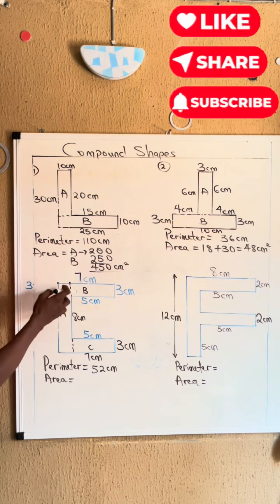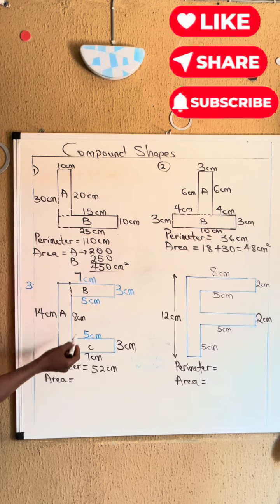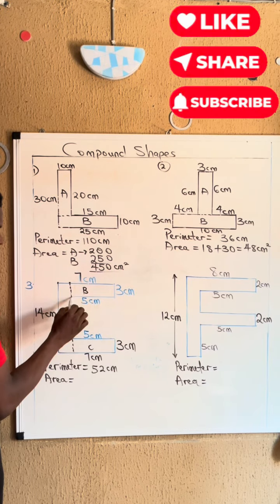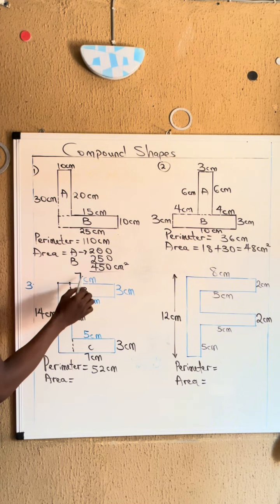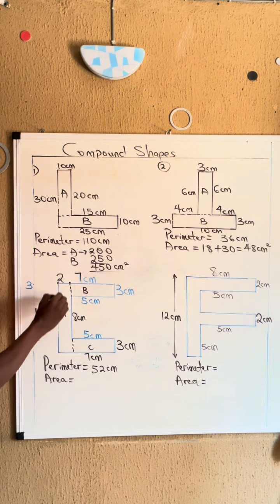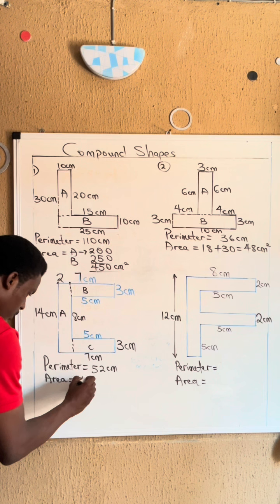So how do I get this answer? The whole of this is 7, while from here to here is 5, meaning 7 minus 5 gives us 2. So this is 2 on this side.